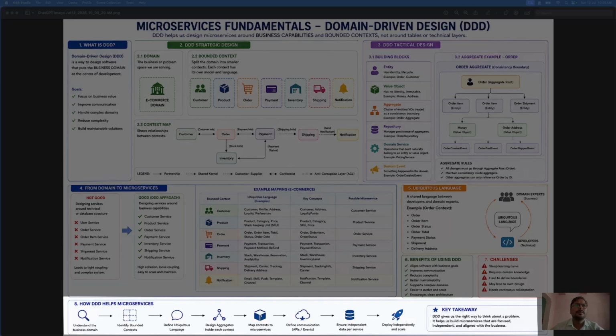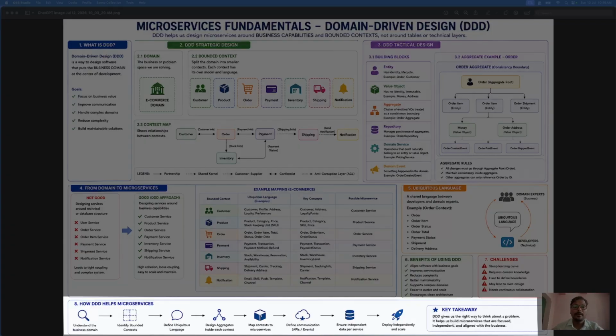Map each bounded context to an independent microservice. Define communication between services using APIs or events. Ensure each service owns its data. And finally, deploy and scale each service independently. This is how successful companies design large scale systems.